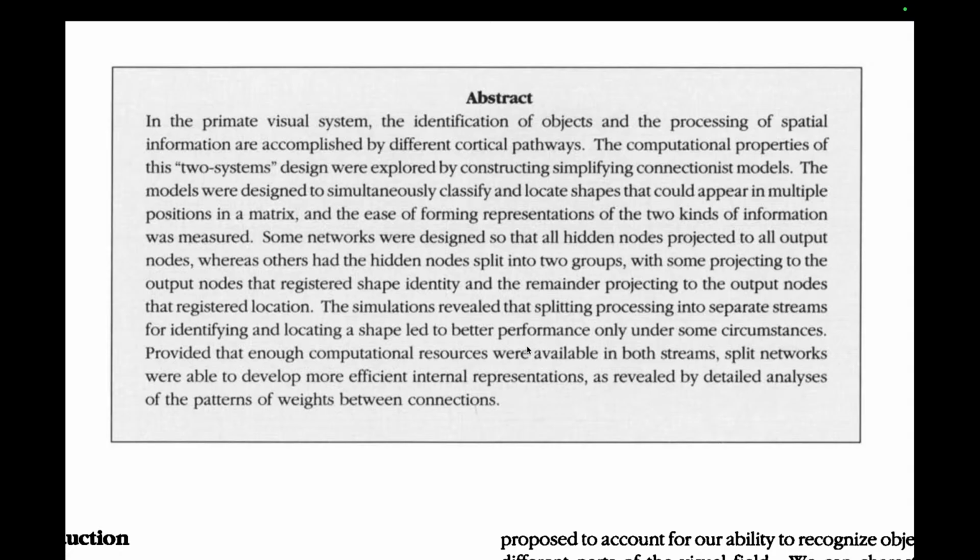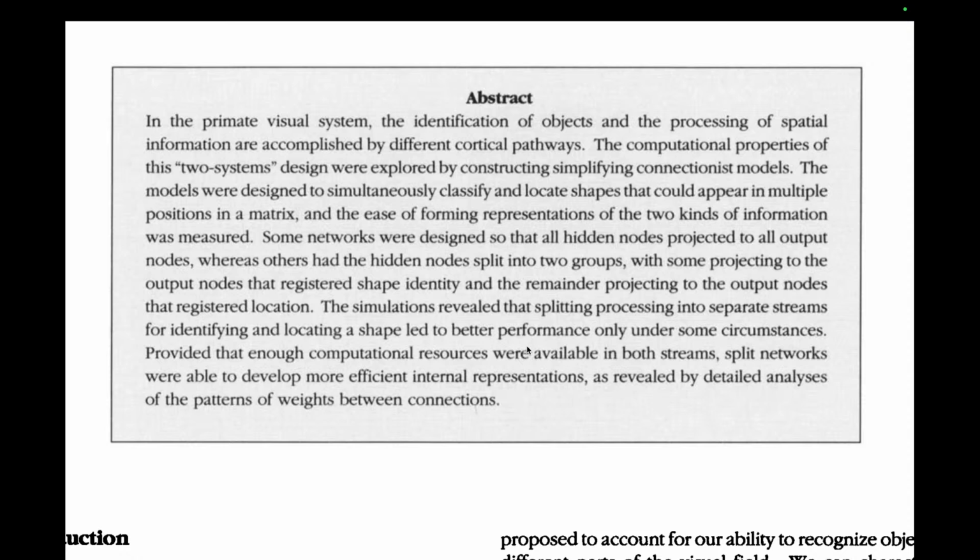Some networks were designed so that all hidden nodes projected to all output nodes, where in others the hidden nodes split into two groups, with some projecting to the output nodes that registered shape identity and the remainder projecting to the output nodes that registered location.